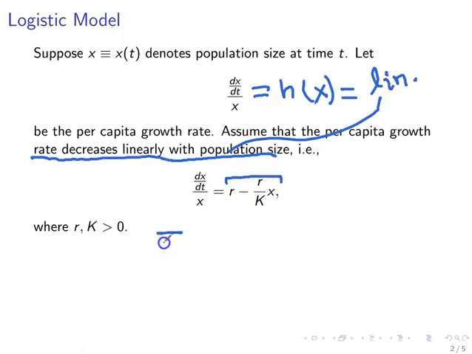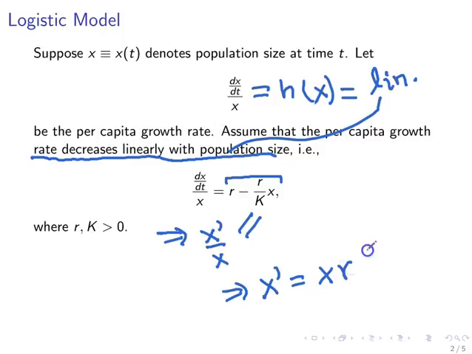And so this would imply, remember, we're assuming that x prime over x is equal to that ratio, that x prime is equal to x times the expression we have there, which we could write as r times quantity 1 minus x over k.